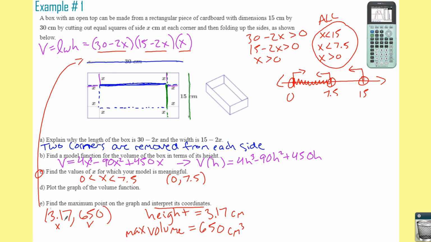When we take this x value, 3.17, and plug it into 30 minus 2x, that gets us our length, which is 23.66 centimeters. And when we plug it into 15 minus 2x, that tells us our width, and that's 8.66 centimeters. Right, and that's how we can interpret it.